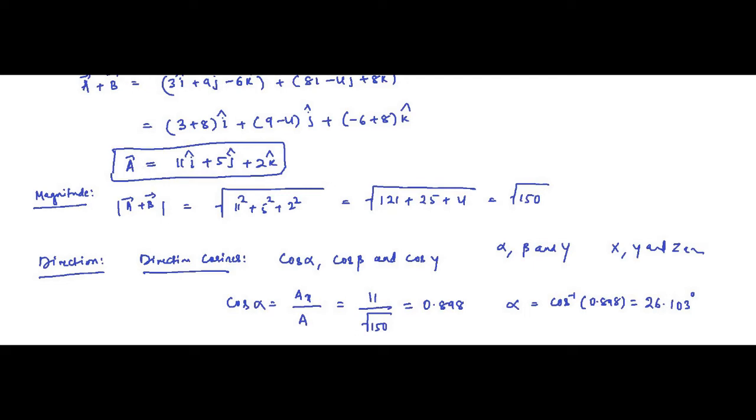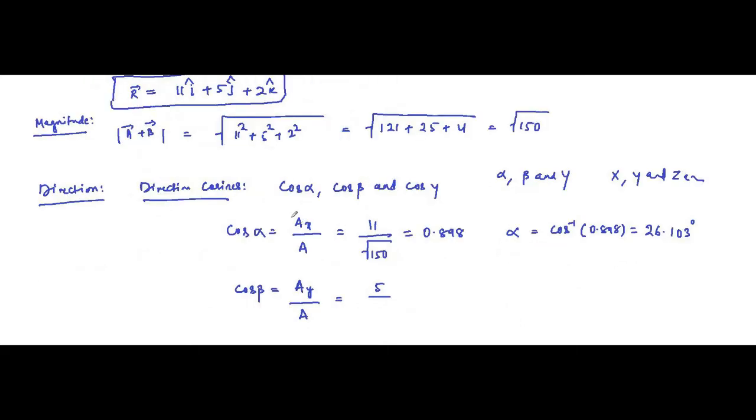So let us call it the resultant R vector. Here it is Rx by R, here it is Ry by R, and that is equal to 5 by root over of 150.